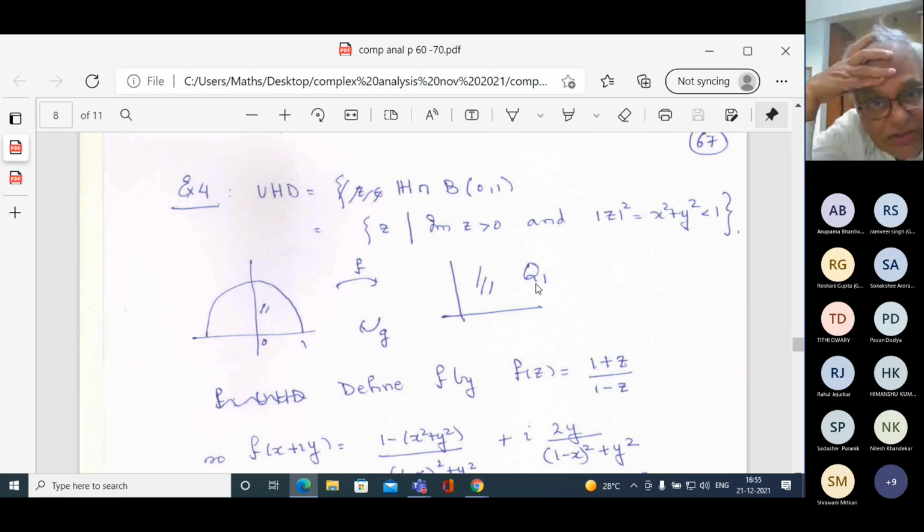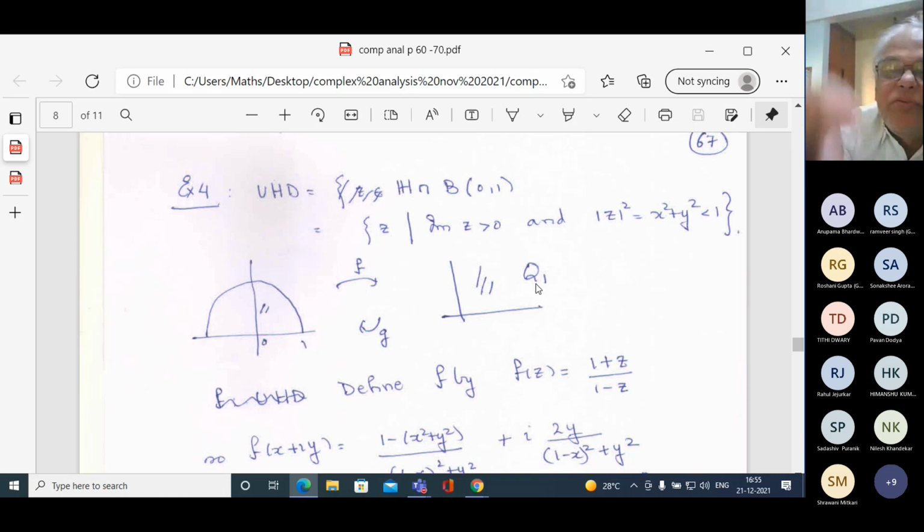You see, all these functions have continuous extensions to the boundary. The functions are holomorphic, but the continuous extension is not holomorphic. You cannot extend it holomorphically to a larger region. You can extend it continuously to the larger region, and you will understand that the boundary behavior of holomorphic functions can get very complicated.